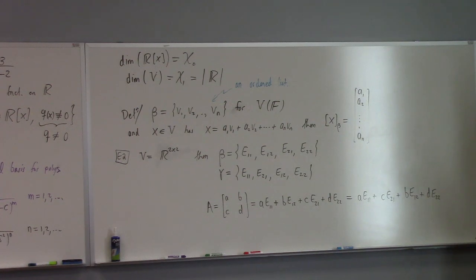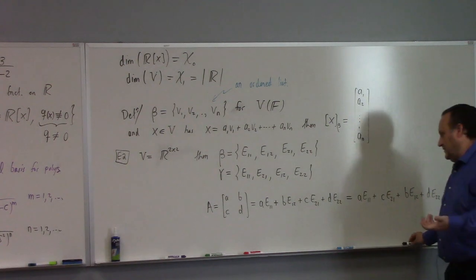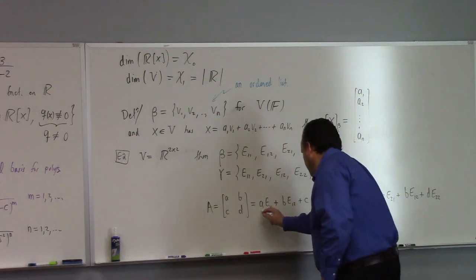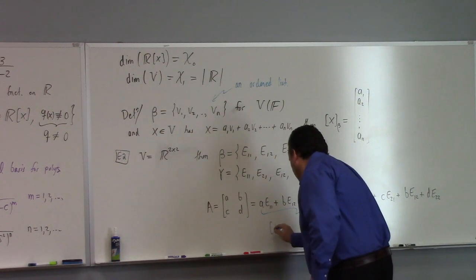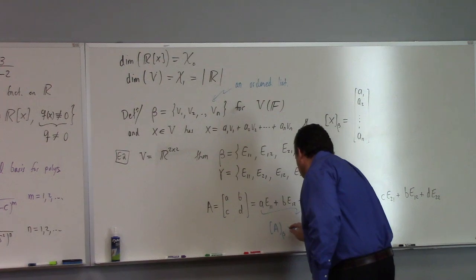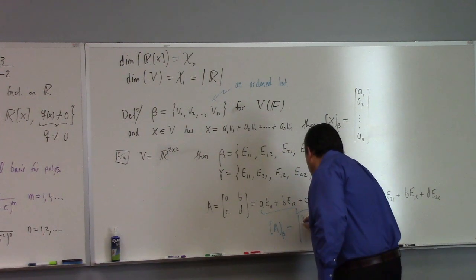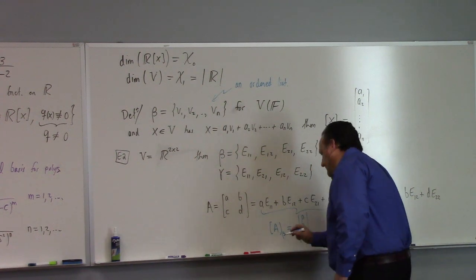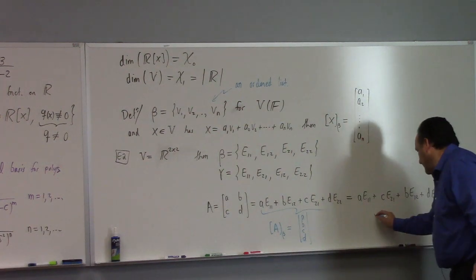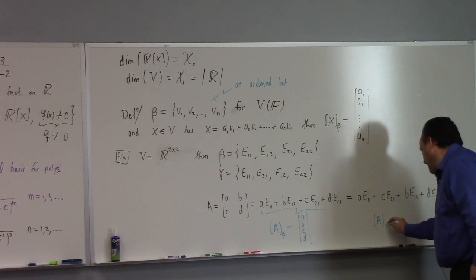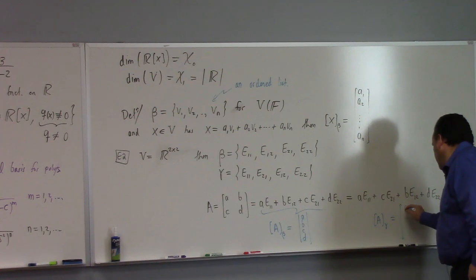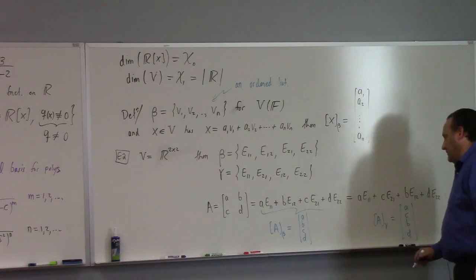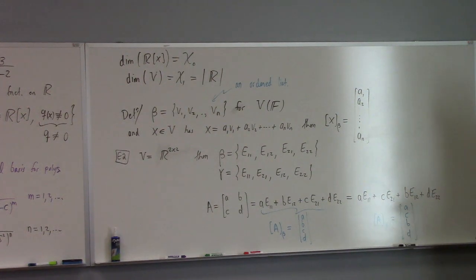But both of these linear combinations have a direct meaning. This one tells me that the coordinate vector of A with respect to the beta basis is (A, B, C, D), and this one tells me that the coordinate vector of A with respect to the gamma basis is (A, C, B, D). Beta and gamma are both bases for the 2 by 2 matrices. They have the same set of vectors in them, but in a different order.